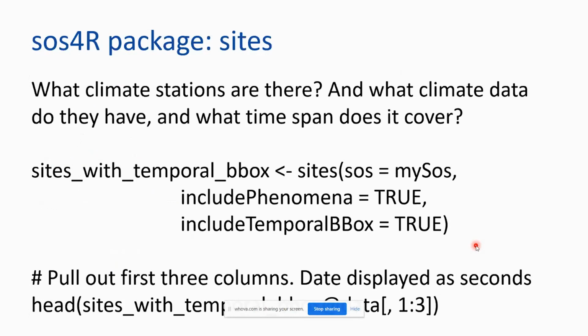So before I just asked for the sites and it gave the location and a number, you can ask it to include, and I've jumped a number of steps here, you can ask it to tell you what phenomena, i.e. climate data, is associated with the sites and over what temporal range does that climate data exist. And you get out a bit of a complicated object, but I've used the head to pull out the appropriate bit.